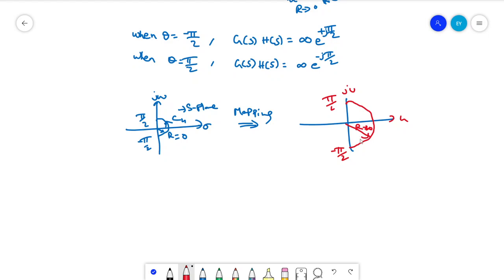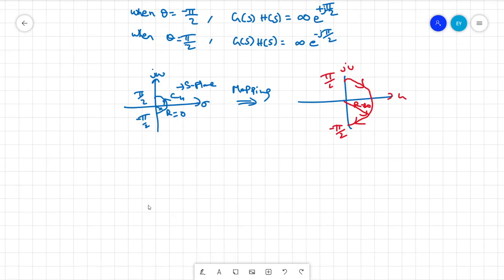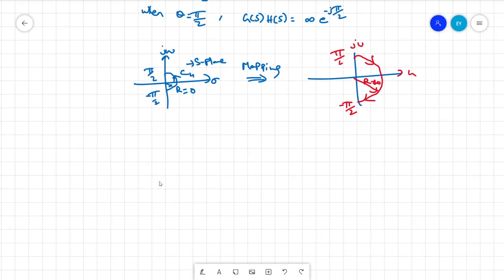Radius tends to infinity. That's what the plot is. So the direction is clockwise. So this is how C1, C2, C3, C4 will be plotted.